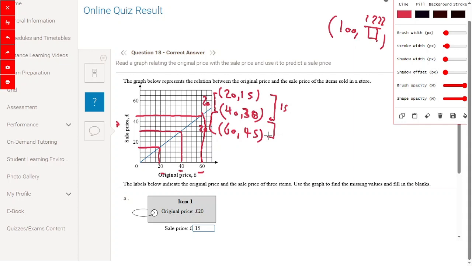From 30 to 45, also 15. So at 80, I'm increasing 20, I will increase here 15, so it will be 60. And at 100, I'm increasing 20, so here also I increase 15, it will be 75. So the answer here is, when the original price is 100, the selling price will be 75.